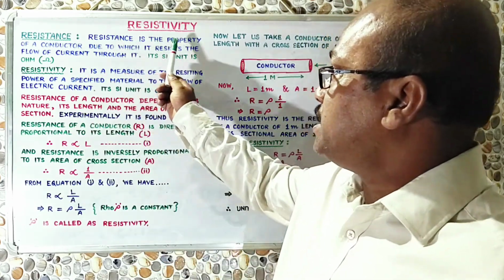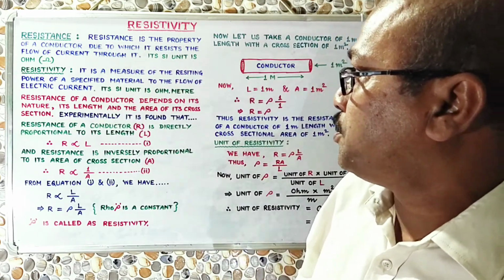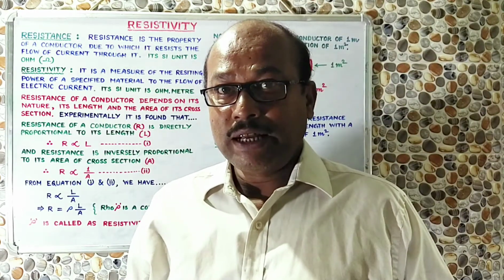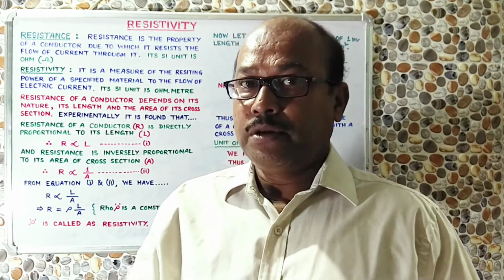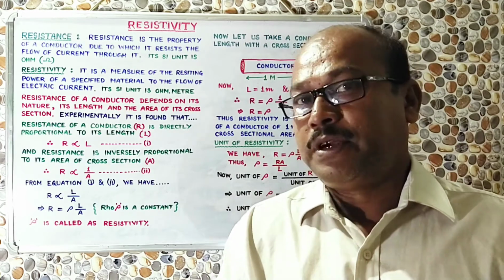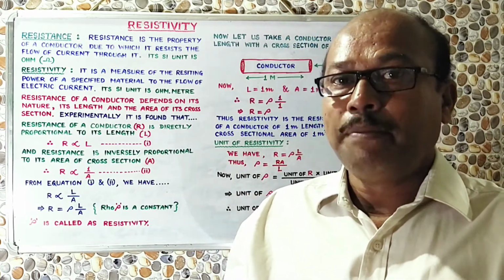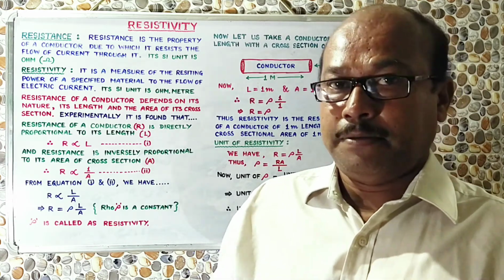Resistance is the property of a conductor due to which it resists the flow of current through it. Electric current always finds some kind of resistance, some kind of trouble to pass through a conductor.